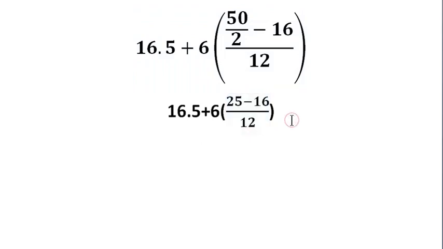Then we'll go down a bit. 16.5 again, plus 6. We are trying to resolve the bracket first. The last figure to be touched here is 16.5.